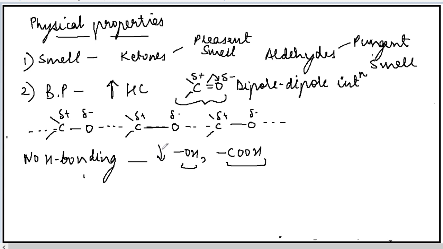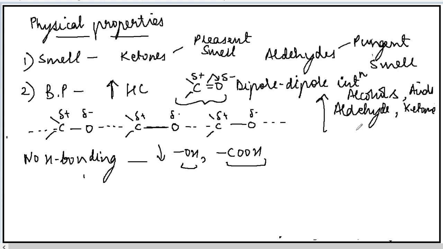So the boiling point of the aldehydes and ketones is higher than that of the hydrocarbons, and it's lower than that of the alcohols and carboxylic acids. So alcohols and acids have the maximum boiling point, and hydrocarbon has the least boiling point.